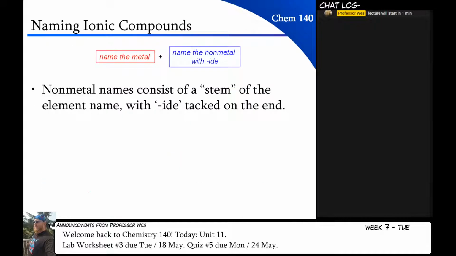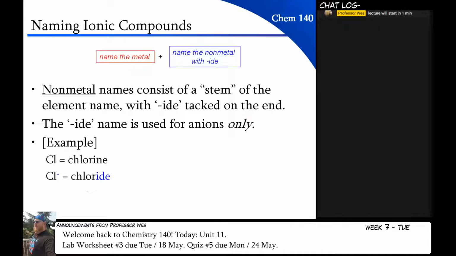All right. What about the non-metal part? So we have this ide part. I already referred to oxide. And you've probably heard several of the element names with ide tacked on the end before. And so here are some examples of that and the difference. Ide is specifically used when you are referring to an anion.